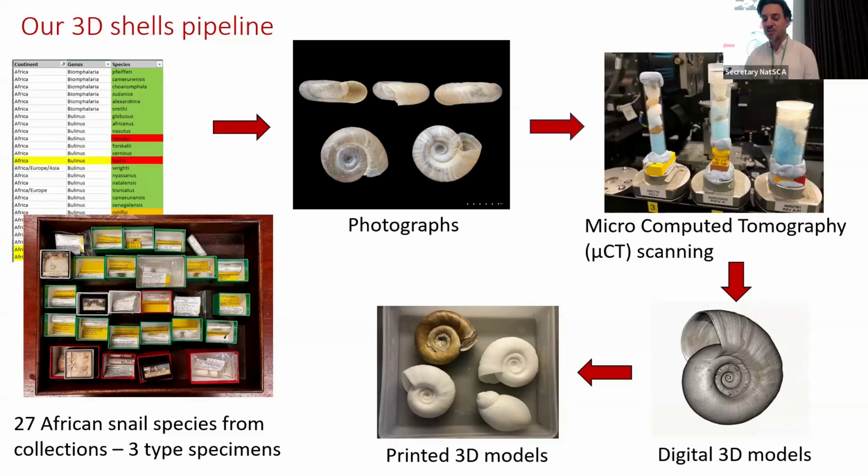That's actually a very good question, because obviously you can print them as big as your printer allows you to. No, we don't have a rule. I now know of two groups working in Uganda that have some of those models, and I trust in their knowledge. I think the best way is to show the real shell, which is often very, very small, and then to show the model.